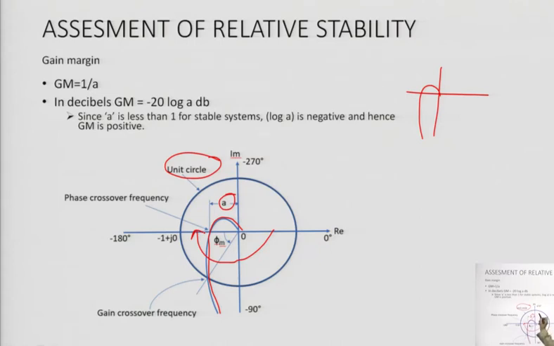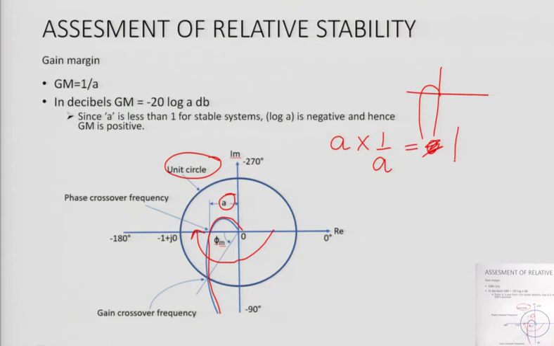Now, 1 here is the margin where the system is marginally stable, that is, limitedly stable. For this A to become 1, we have to multiply A by 1/A, and this results in 1.